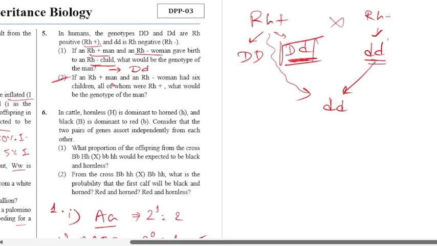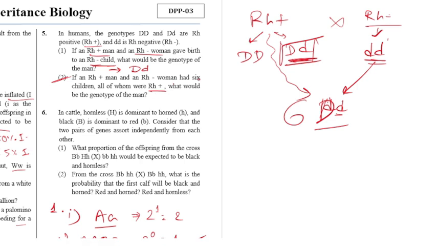If an Rh positive man and an Rh negative woman had six children, all of whom are Rh positive, then all six are capital D, small d, because the small d is coming from the female. So what is the genotype of the man?